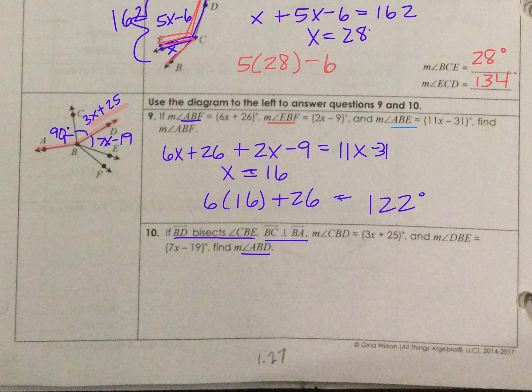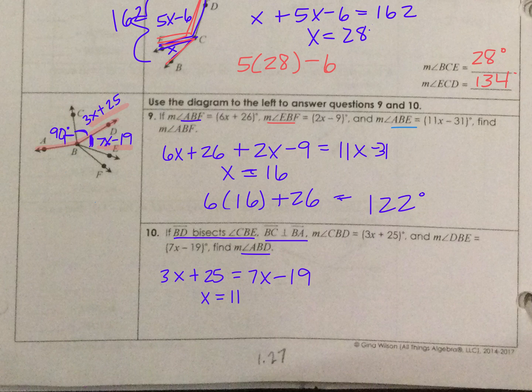So I need to use these two and get a number. These arcs tell me that they're exactly the same. So I could set an equation to say 3x plus 25 is equal, congruent, exactly the same as 7x minus 19. Put that in your equations app and you will get x equals 11.